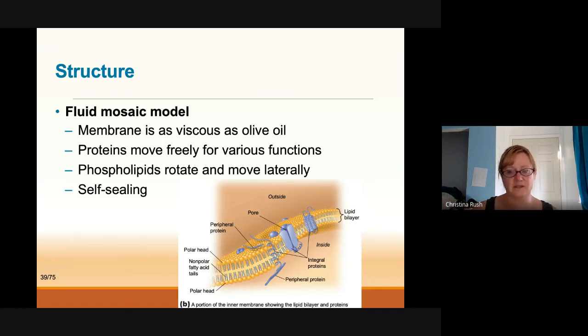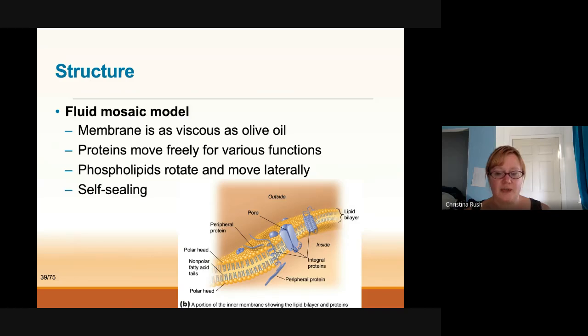All of these cell signaling, they need to be able to move in the cell membrane. They have to be free to move. And if you have something as thick as Crisco, you can imagine these proteins would be just stuck. They would not be able to go anywhere. They wouldn't be able to do anything. So that's why we have this nice olive oil phospholipid membrane.